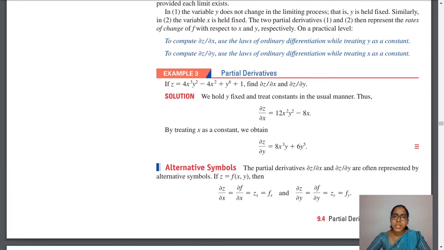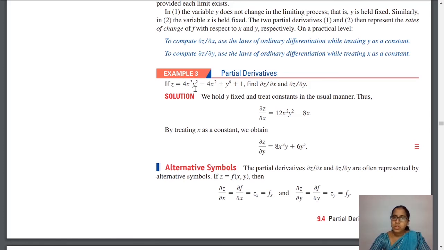Now you can see a simple example. Z is equal to 4x cube y square minus 4x square plus y raised to 6 plus 1. We are asked to find dou z by dou x and dou z by dou y. While calculating dou z by dou x, we have to calculate the derivative with respect to x keeping y as a constant. So what will be the derivative of 4x cube into y square?